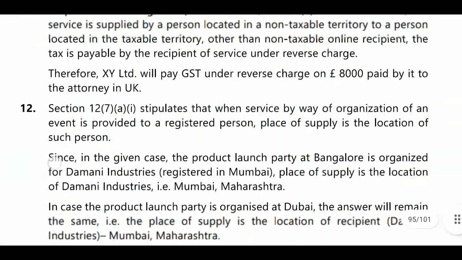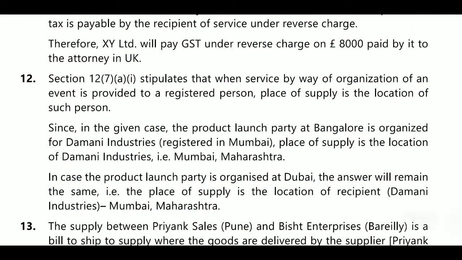See the answer: section 12(7), that is, section 12, stipulates that when services by way of organization of an event are provided to a registered person, the place of supply is always the location of such person, that is, the location of the recipient, the registered person's place.